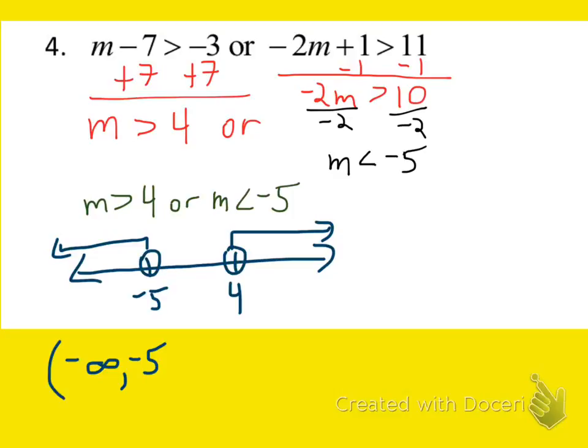So those would get parentheses. And then it starts at 4 and goes to infinity, but it does not include 4, so there are no brackets there either. We only use parentheses.